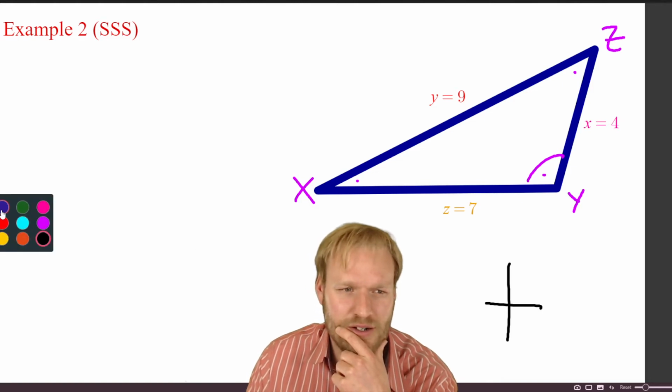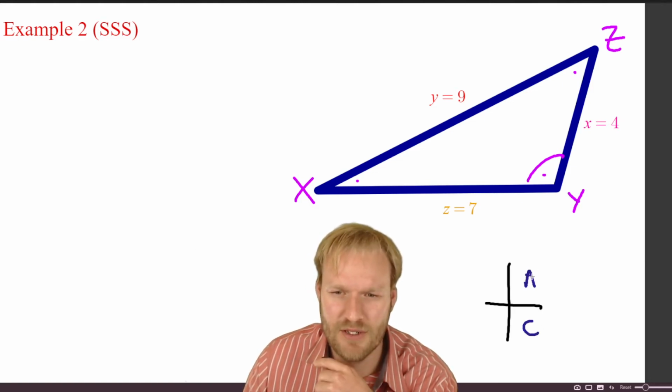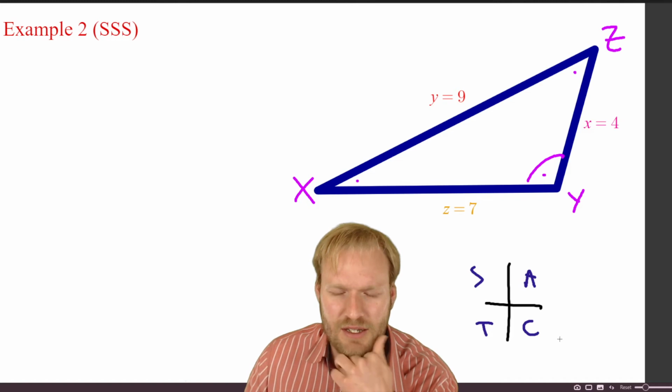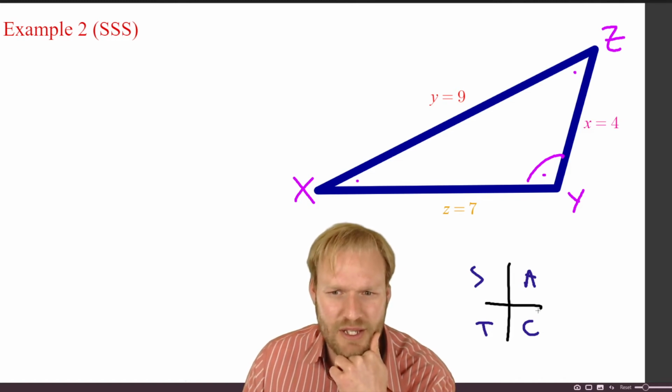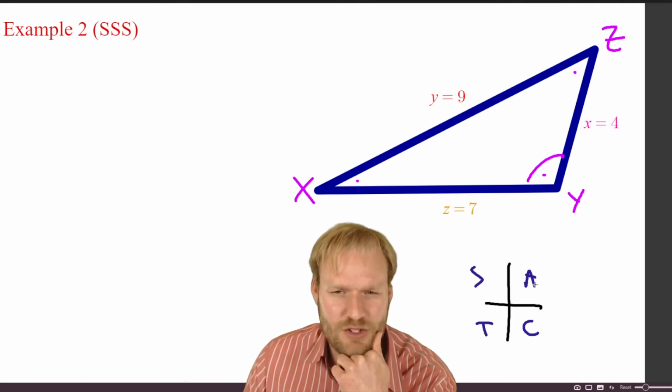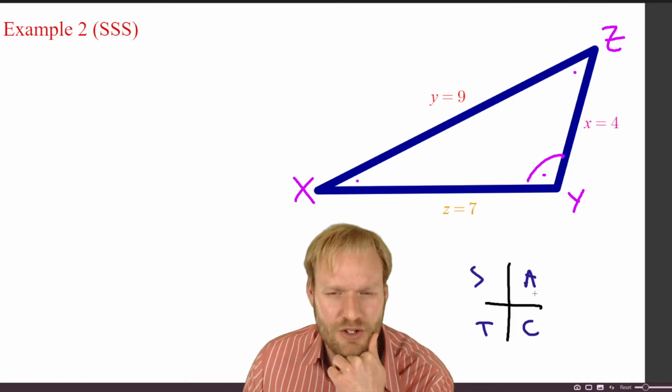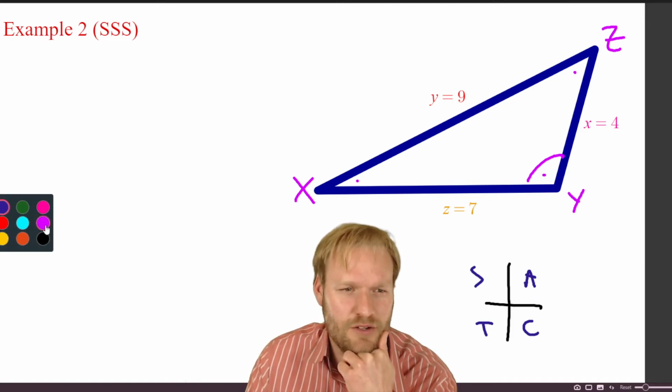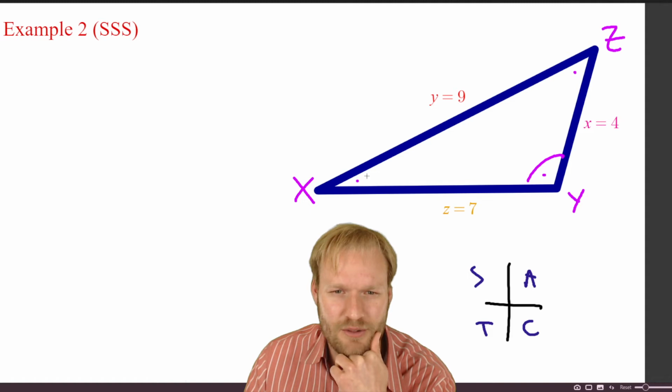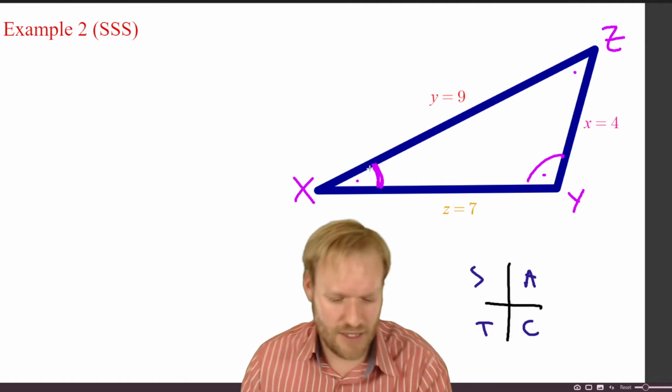We know in our CAST diagram, cos is positive in the first quadrant only, so I reckon we go for our smallest angle over here. Let's see where it gets us.